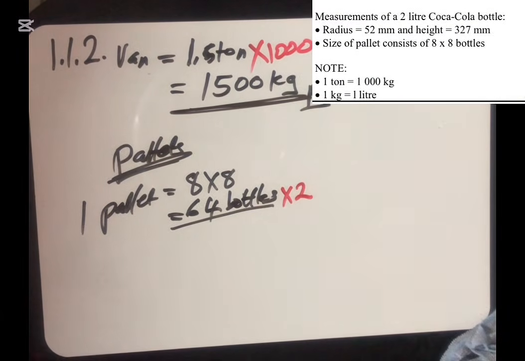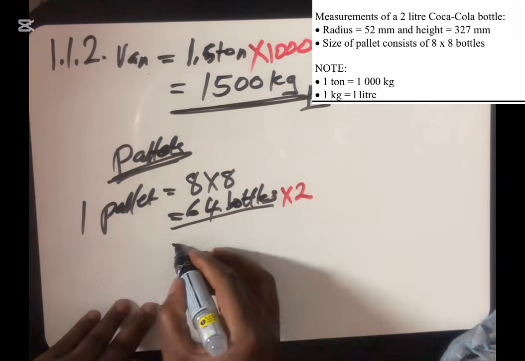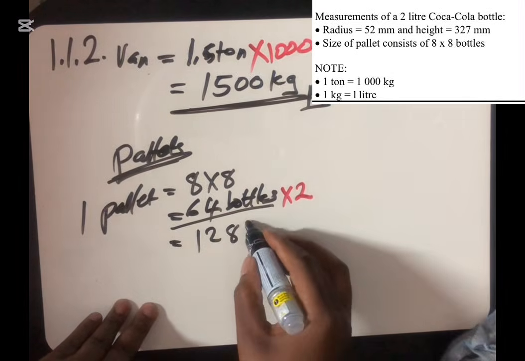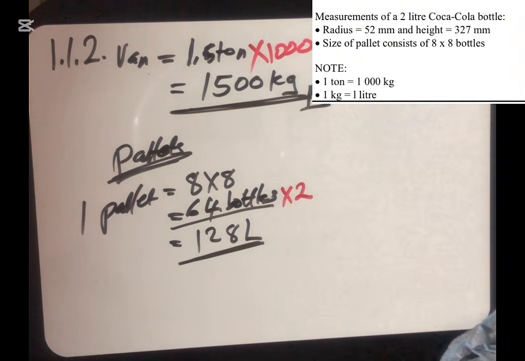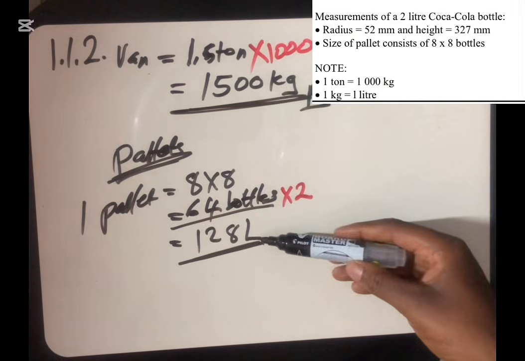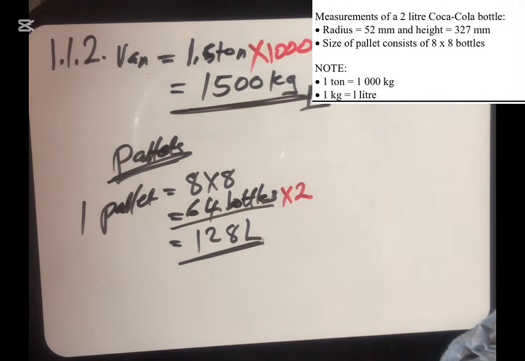So let's look at the liters that we are having here in terms of one pallet. 64 multiplied by 2, which is 128 liters. One pallet is equal to 128 liters. You should not forget, we cannot compare liters and kg.